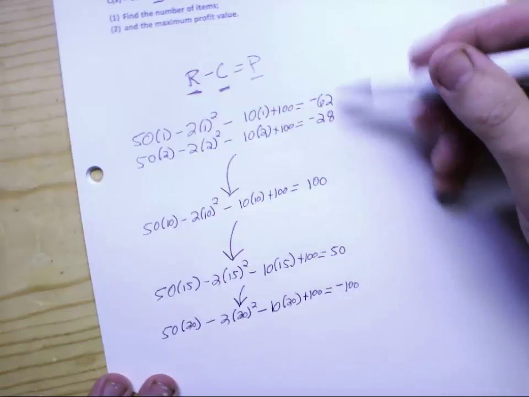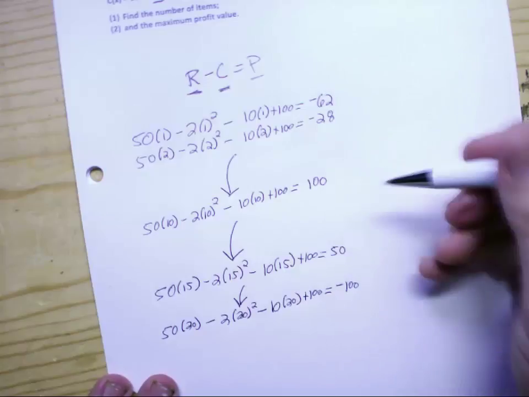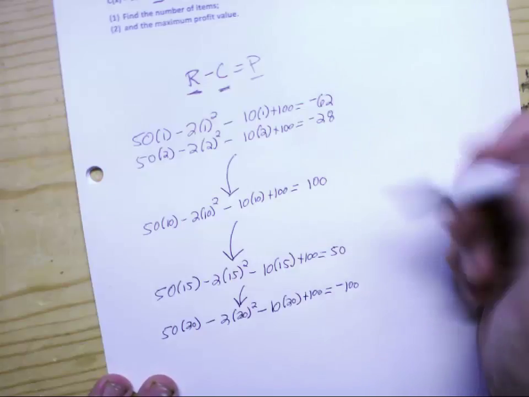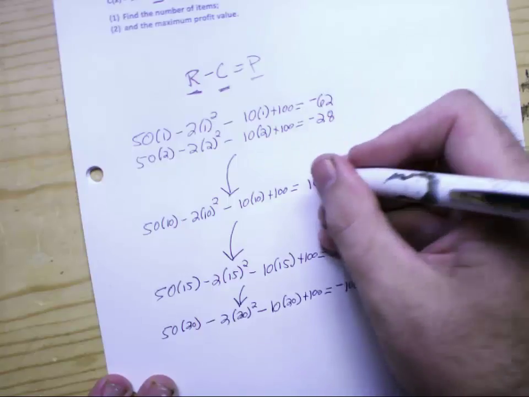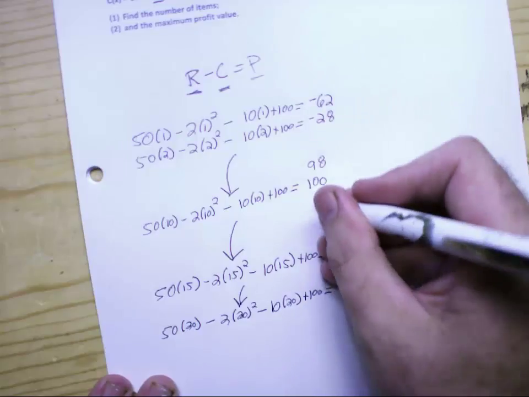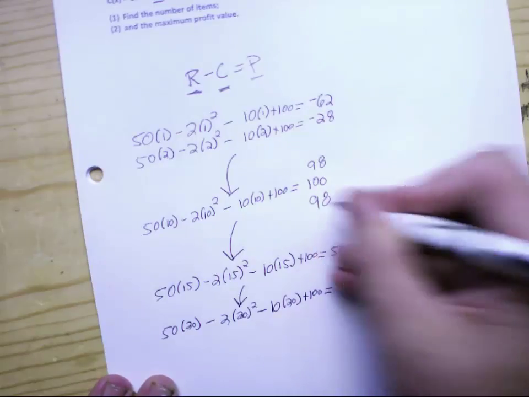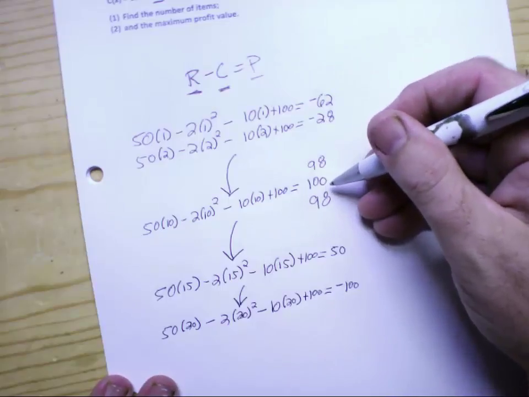So just working a couple of these out, I actually know the answer is 10 items. This is the highest. I believe if you make 9, it's something like $98, and if you make 11, it's $98. So this is actually the top of our parabola.